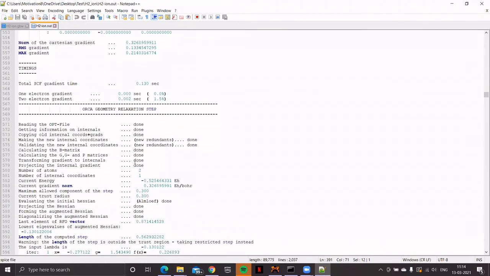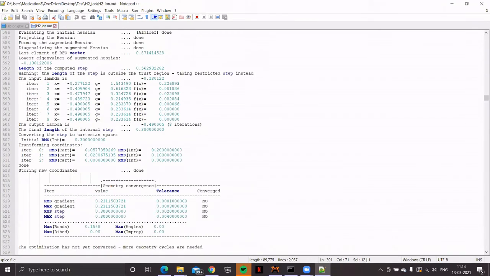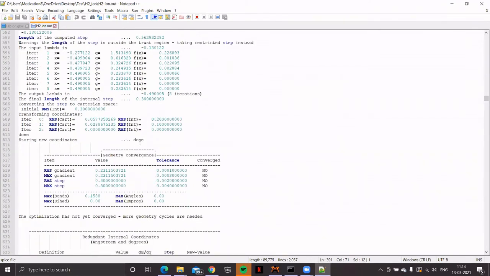Then the geometry optimization process is going on. Look at that. One step they did, and they calculated the force. Right now, this is the tolerance value, which we discussed earlier. Right now, that's the value, much higher than the tolerance value. That's why none of them has converged. So no, no, no. We want all of them to be yes. Fine.